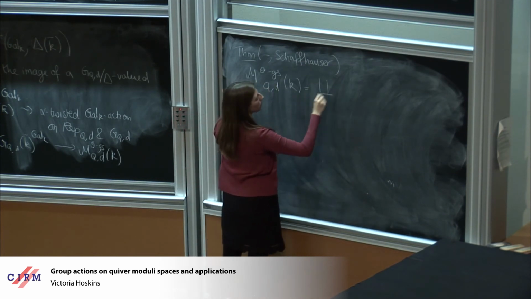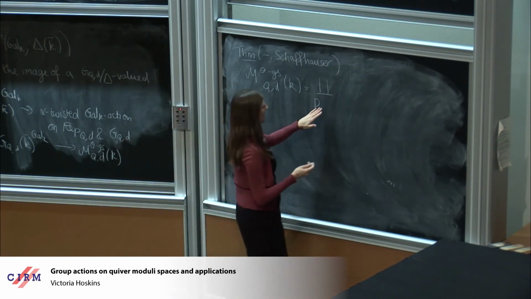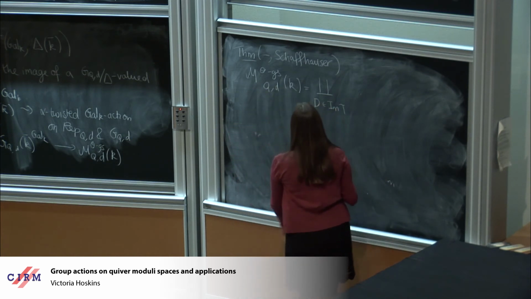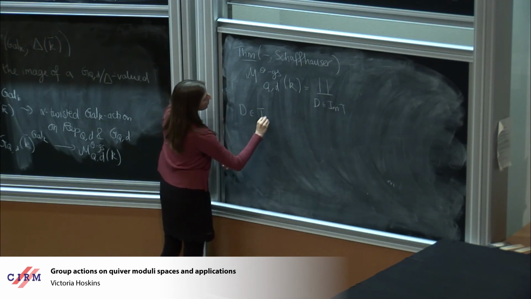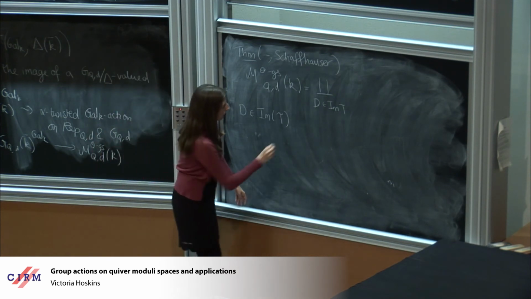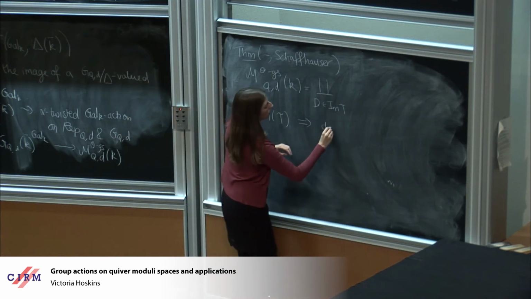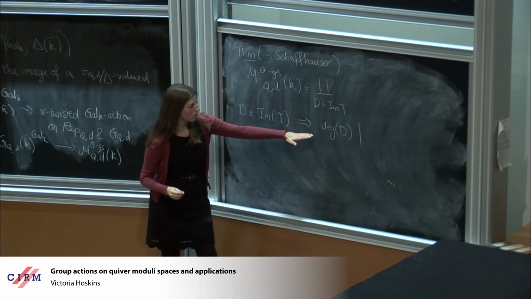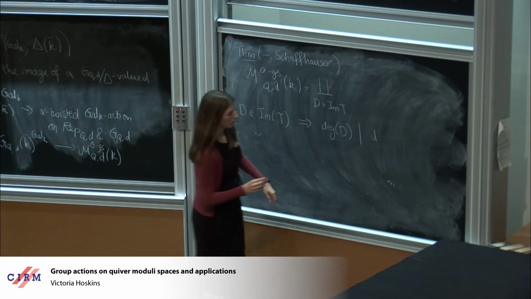Which is that, if I write it as D, a division algebra in the image of the type map. Oh, and I forgot to mention something. Actually, D lies in the image of the type map. A necessary condition for this is that the degree of D, that's the square root of the dimension of D, divides the dimension vector d.